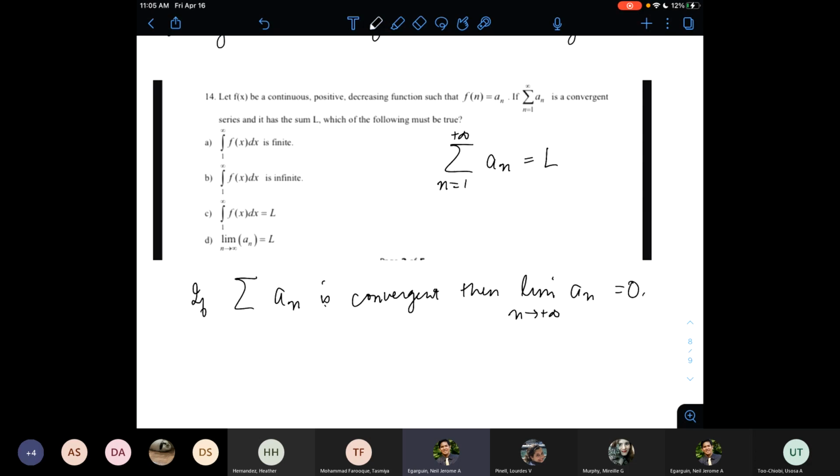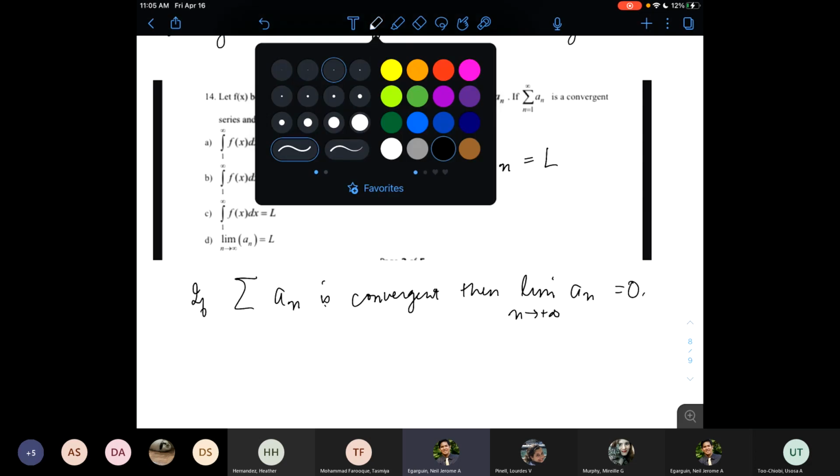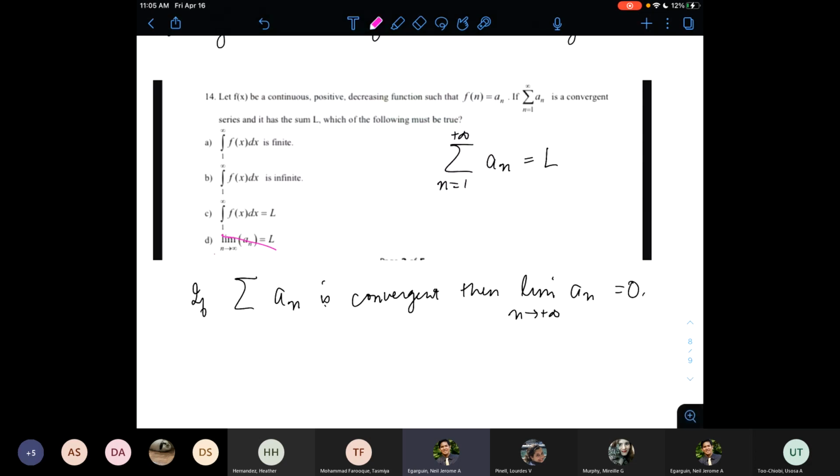This is the converse, which is an equivalent statement to it. So if you already know that the series is convergent, then automatically the limit of a_n should be equal to 0. So option D is wrong unless L is equal to 0. But we don't know if L is equal to 0, so I'll say this one is wrong.